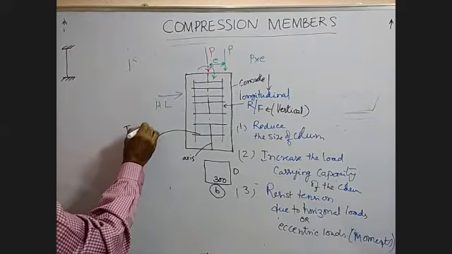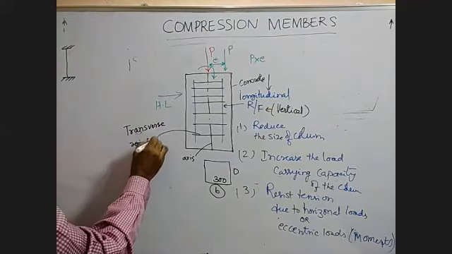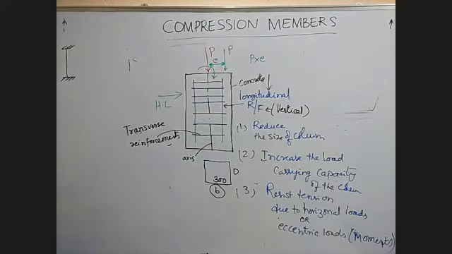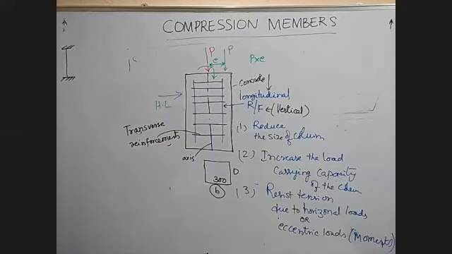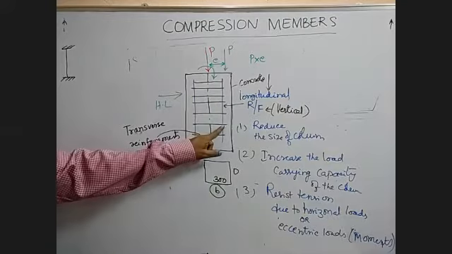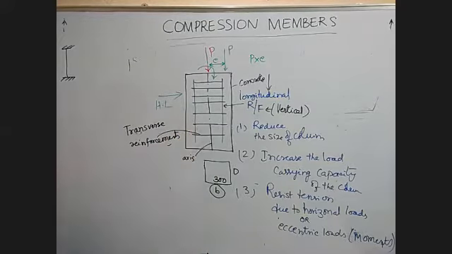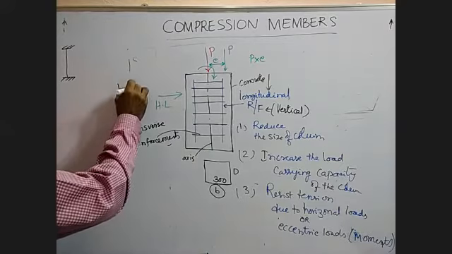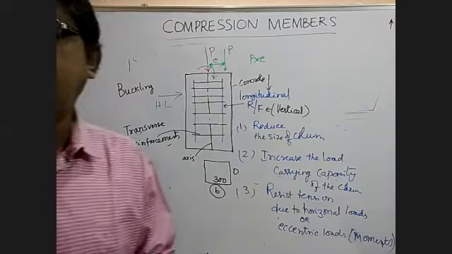See the difference here. Transverse reinforcement consists of small diameter bars tied around the vertical bars of the column. This is mainly to prevent buckling.